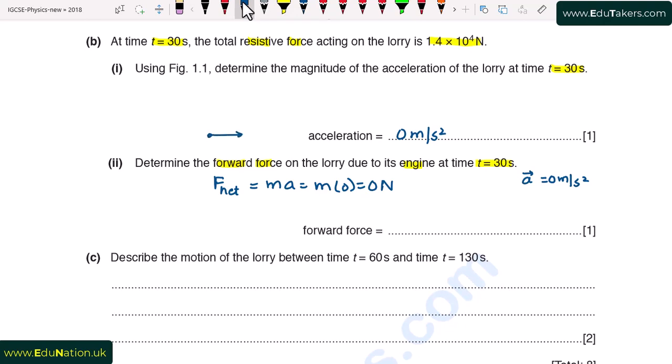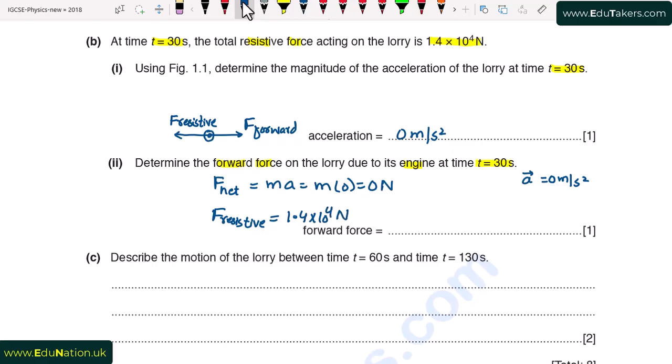the sum of two forces. Suppose this point is the lorry and here is the resistive force, and this is the forward force. So the magnitude of the resistive force is given, that is 1.4 into 10 to the power 4 Newton. I write here resistive force is equal to 1.4 into 10 to the power 4 Newton.